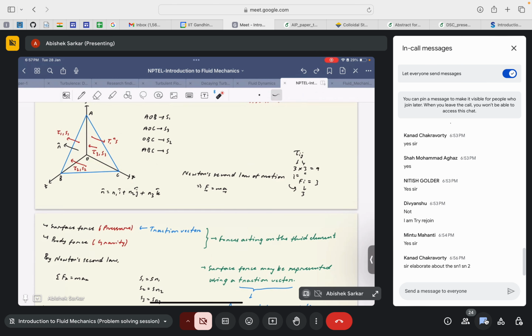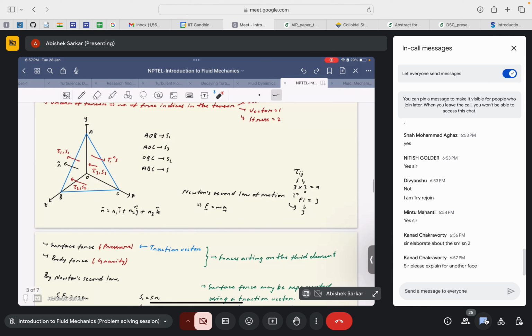Is it clear? Another face, same thing. I'm sorry, I think I created confusion. Let's start with the x direction.